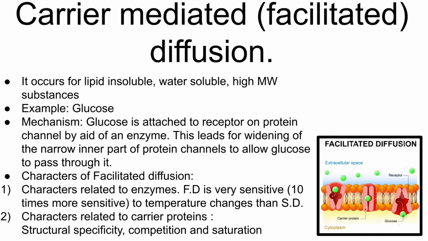Secondly, competition between these similar substances for the limited number of receptors. And thirdly, saturation. This occurs when all receptor sites are engaged, which means facilitated diffusion reaches a maximum, unlike simple diffusion.